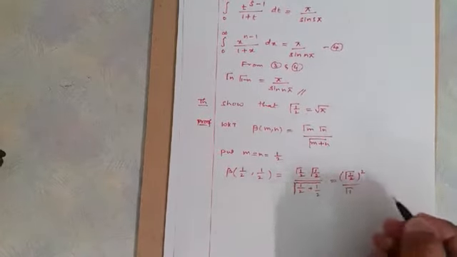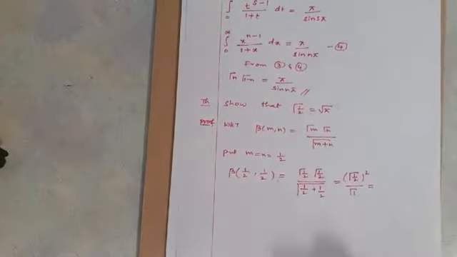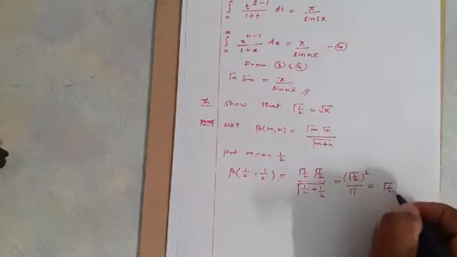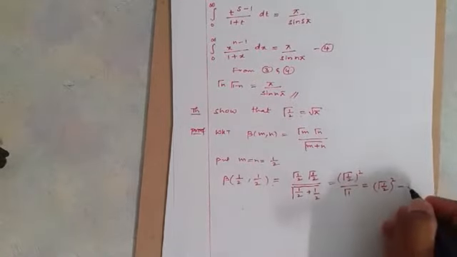Gamma 1 is 1, so you get gamma 1 by 2 whole square. Take this as equation 1.